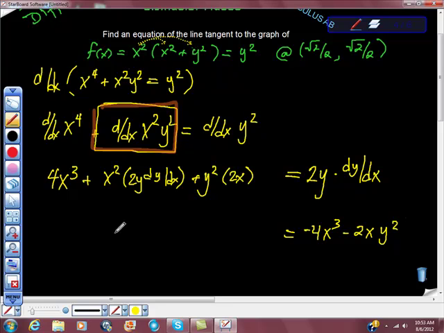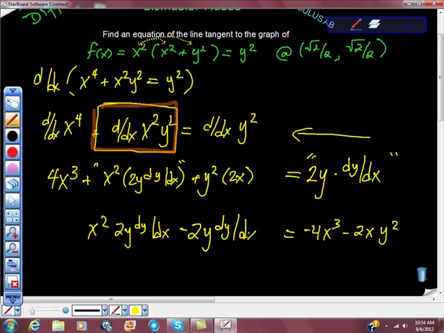It leaves me on this side with all the stuff that has dy dx. And I want to move this piece over this way, so that gives us x squared 2y dy dx minus, because I subtracted this from both sides, 2y dy dx.